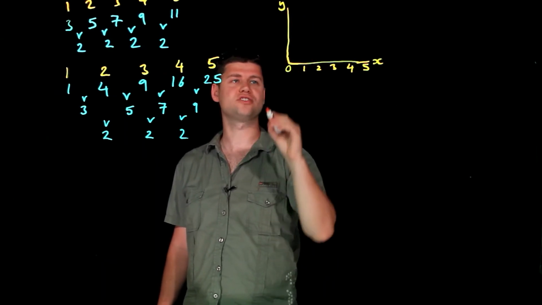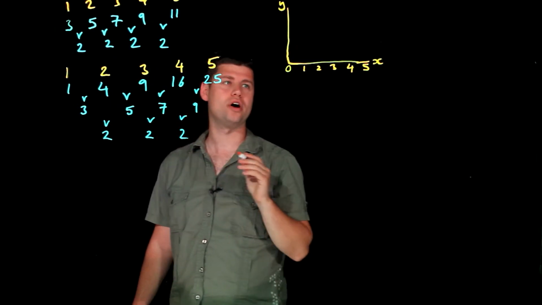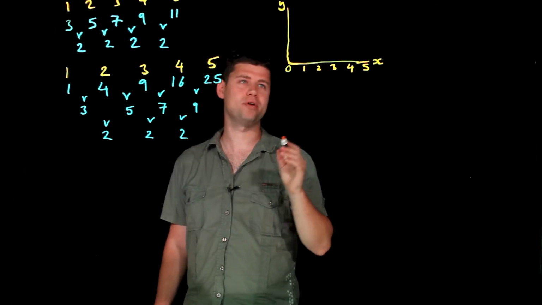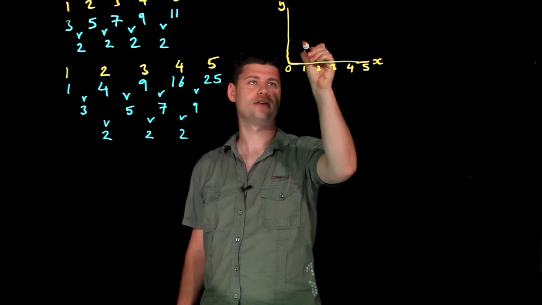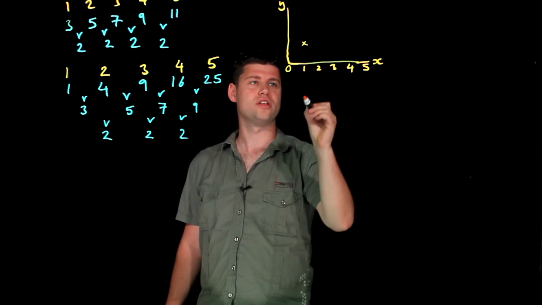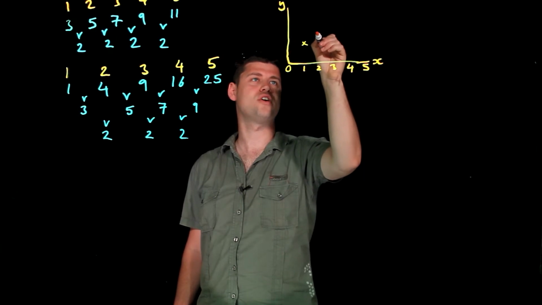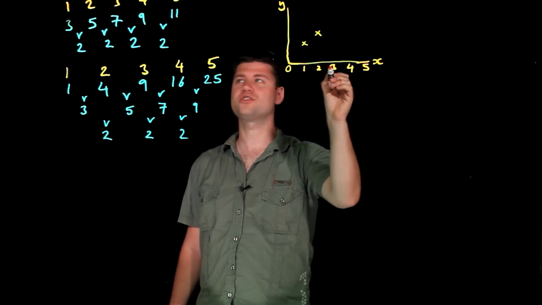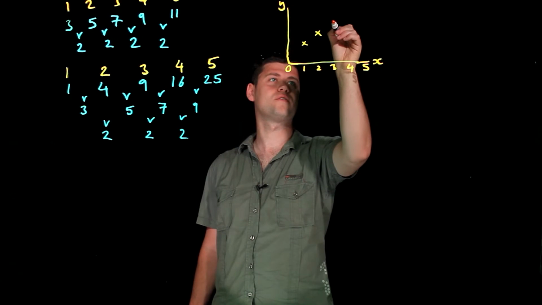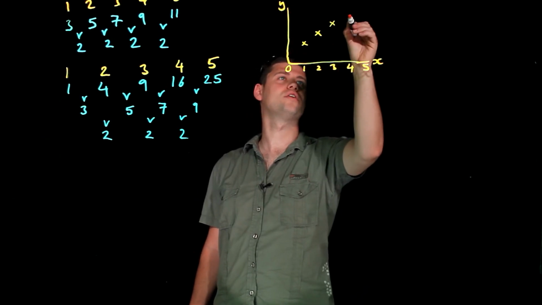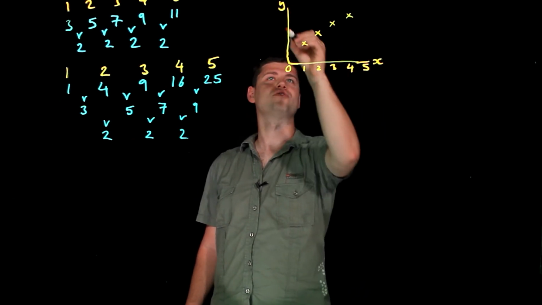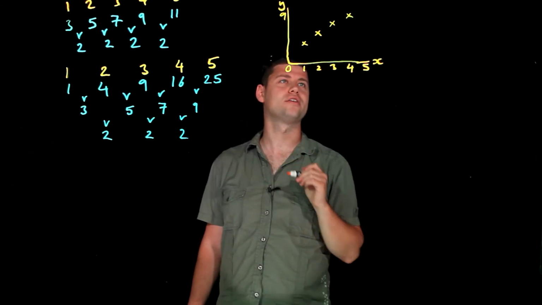If I plot this, then when x is 1, y will be 3, so that's going to be something like this. When it's 2, we know that our term is 5. When it's 3, it's going to be 7. 4, it's going to be roughly 9, up there.